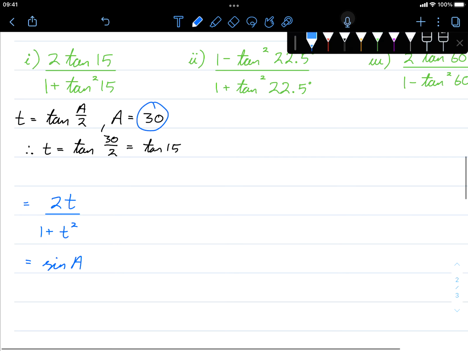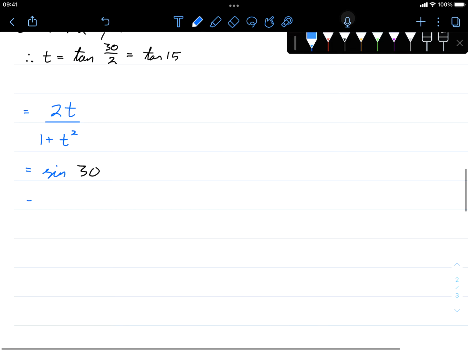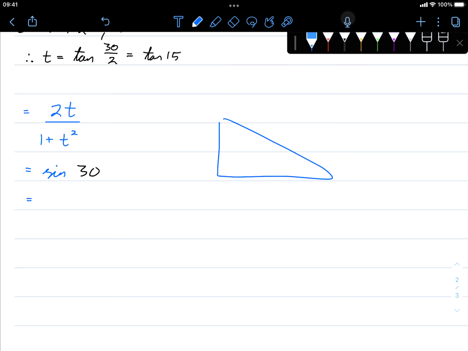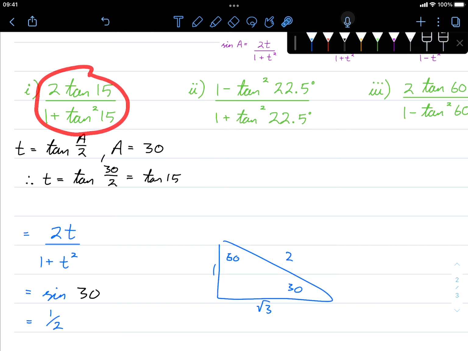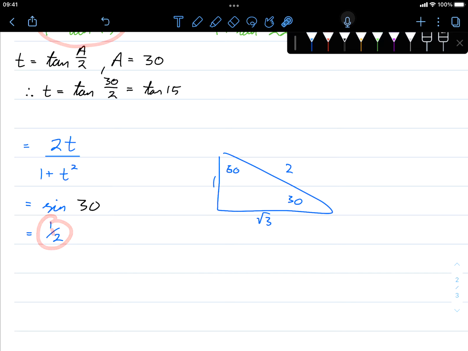But a is 30, and we know what sine 30 is. Sine 30 is going to be a half. So in actual fact, this entire expression can be simplified down into just a half.